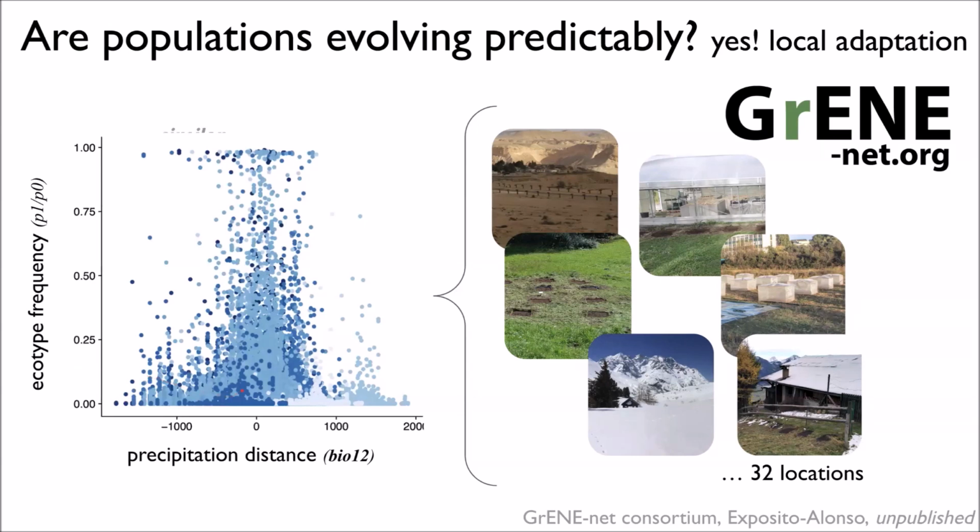If the transplant distance is very high, either low or high, in this case it is in precipitation distance, to the common garden environment, the ecotypes remain at zero or just mildly increase. But the local ecotypes, you can see, that have been transplanted nearby, have shot up in frequency, sometimes almost to fixation, suggesting that this is a very strong and predictable signal of local adaptation.